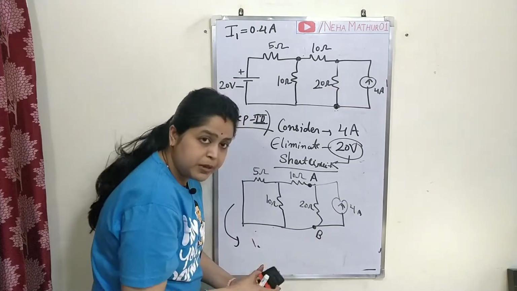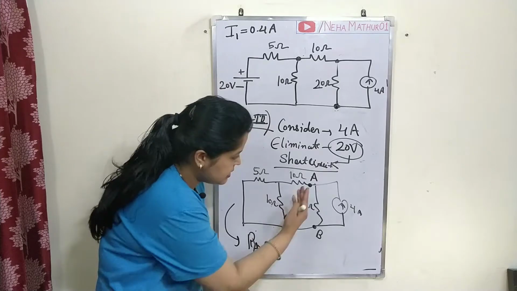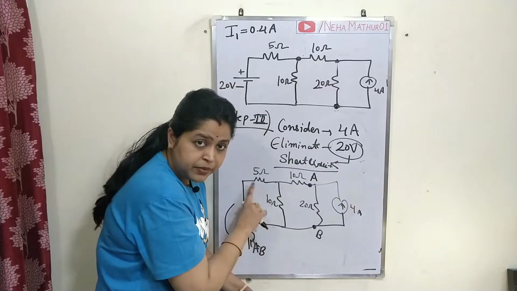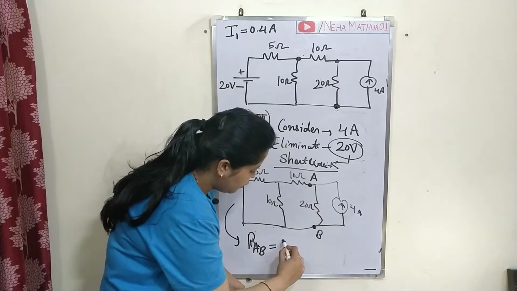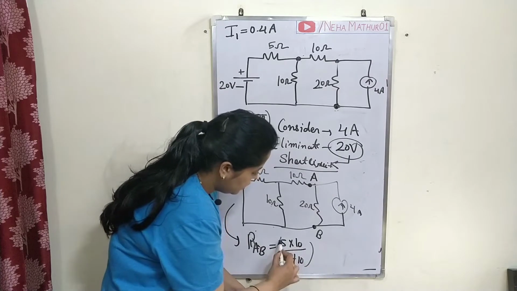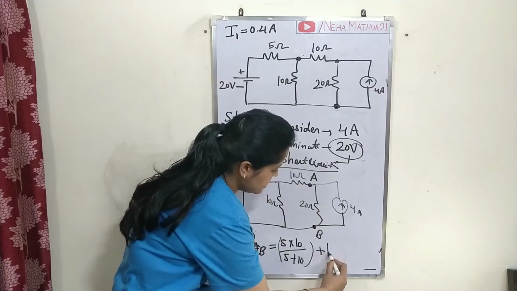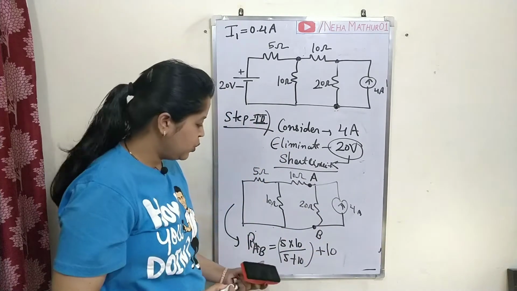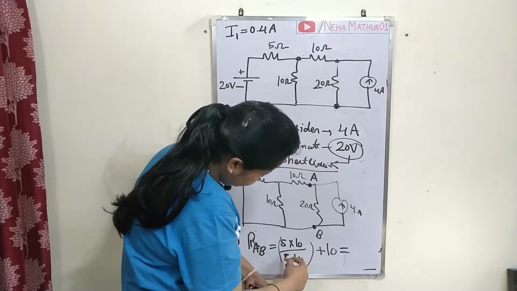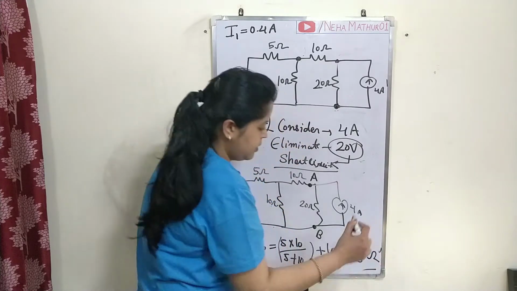Just calculate the combination of the resistance, that is RAB, which is the equivalent resistance left of these 2 points. This 5 and this 10 are in parallel combination, so the equivalent will be 5 into 10 divided by 5 plus 10. Now the combination is in series with this 10, so it will just be added over here. You can solve this, and after solving you will get 10 upon 3 plus 10, that will be 40 upon 3 ohm.